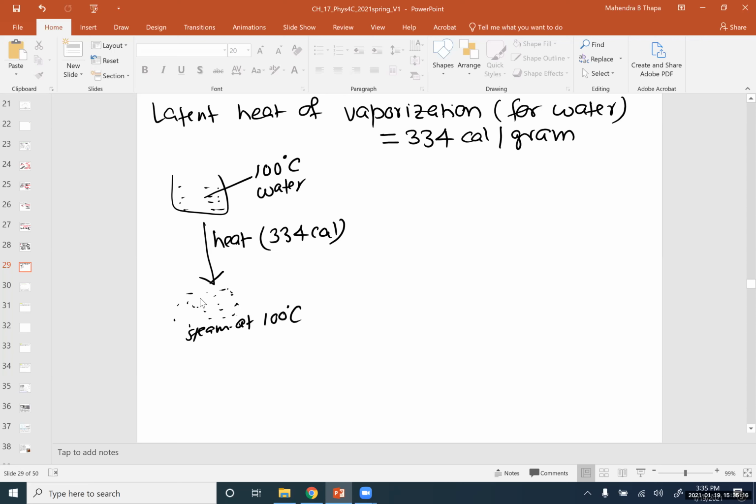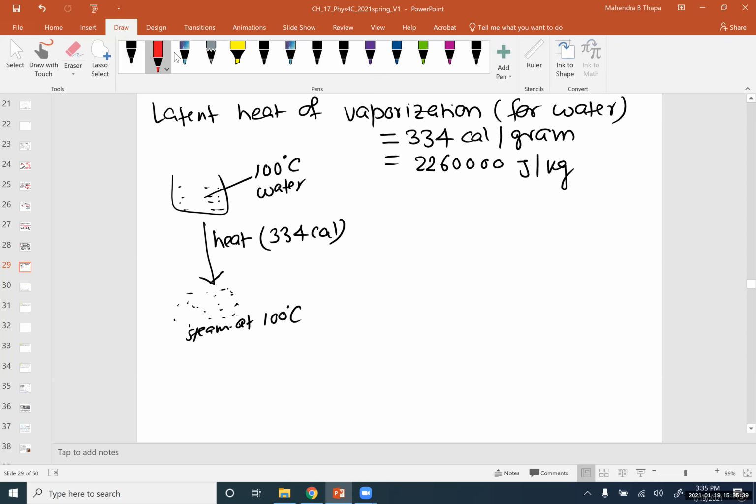If you convert it to SI system, it will be about 2.26 times 10 to the 6 joule per kilogram. You do not need to remember this quantity; it will be given. So this means you have water, and we need just 1 gram.